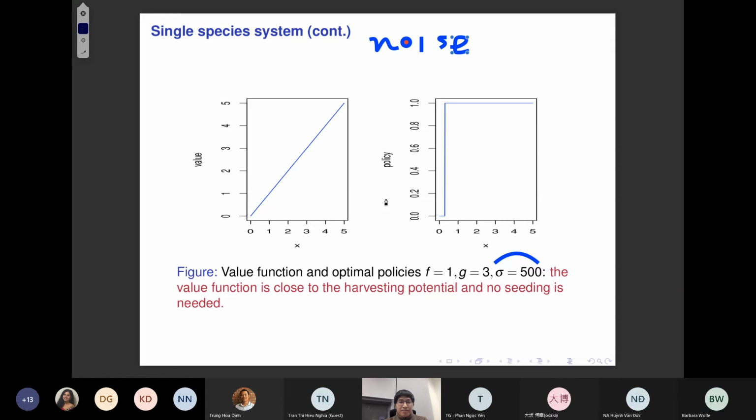Because of that, if you look at the value function, you see that it is just like V equal to x. That means we harvest immediately. We also observe that the harvesting level now is smaller than in the preceding example. In the preceding example, we harvest later. Now we harvest earlier because the noise is very large in this case.